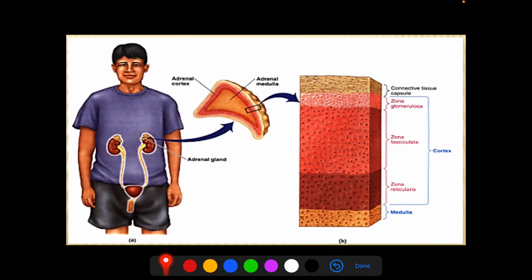Now this one shows the illustration of the different layers of the adrenal cortex. So the zona glomerulosa, zona fasciculata, and zona reticularis. So you have to remember that each zone produces hormones, and the hormones produced by the adrenal cortex are referred to as the corticosteroids.